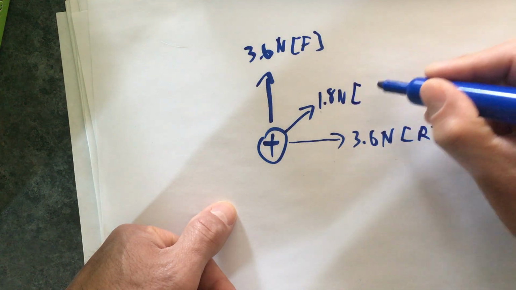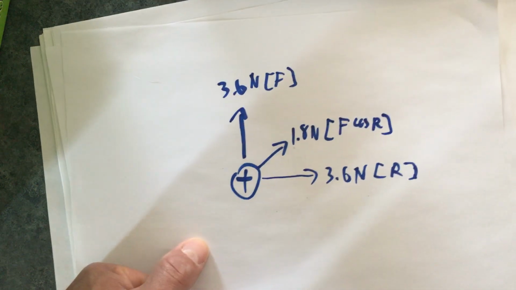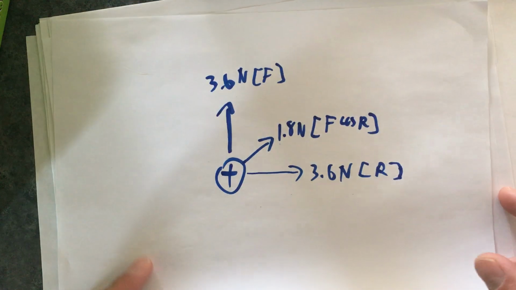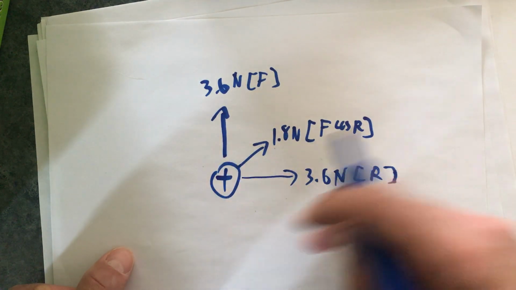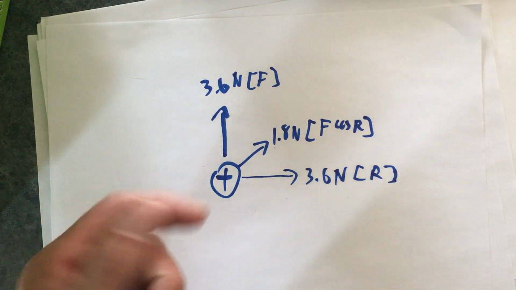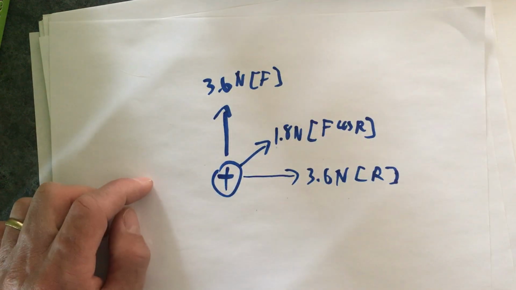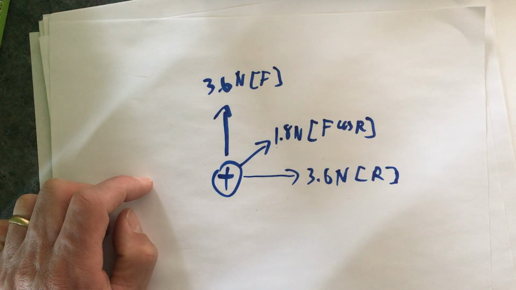And that 1.8 newtons is going forward 45 to the right. These are three vectors, and I'm looking for the net force on this charge. All I have to do is add these three vectors. If you do arithmetic, 3.6 plus 1.8 plus 3.6, you're going to quickly get the wrong answer. When you're adding vectors, you've got to put these arrows tip to tail, and then do a little bit of trigonometry to sort it out.